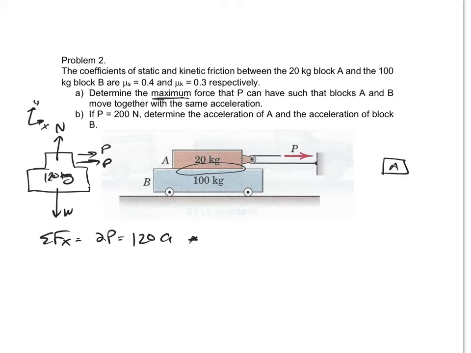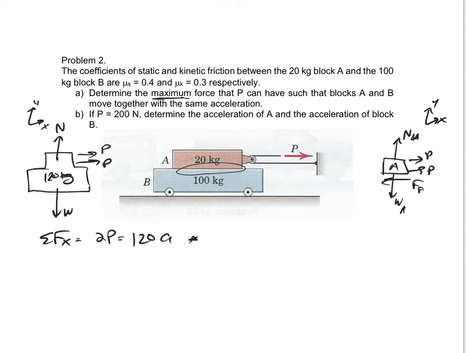So breaking them apart and looking at A, I've got the weight of A, and I've got the normal of B pushing up on A, and then I have 2 P's, and then I've got the force of friction. All right, so that's my free body diagram using the same x and y axes.